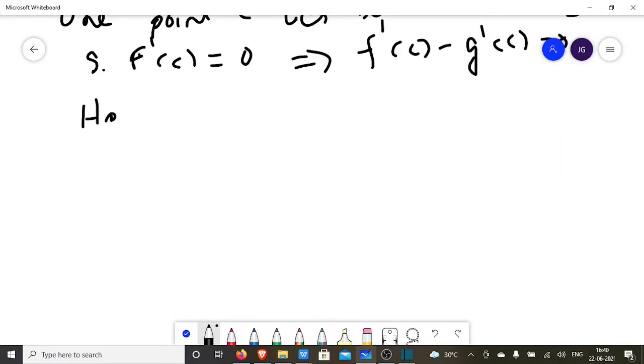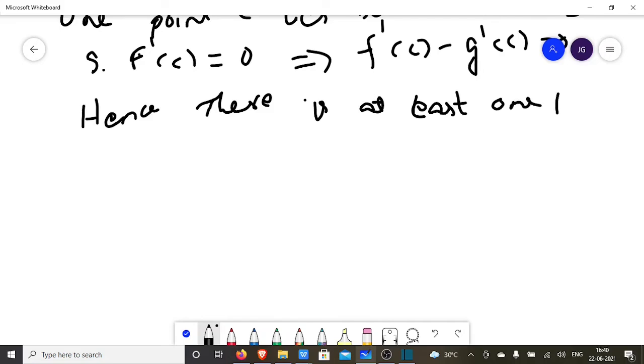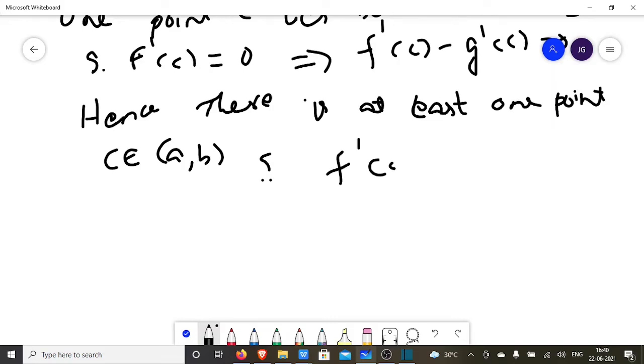Hence, there is at least one point c, an element of the open interval (a, b), such that f dash c equal to g dash c.